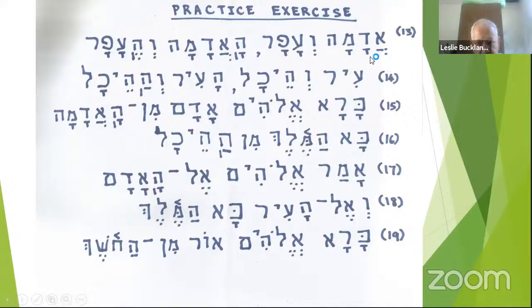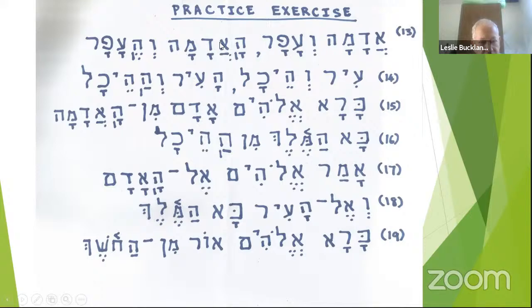Adama is ground. We is the conjunction and, afar is dust. And this is without the definite article. Ground and dust. Now with the definite article, you have ha-adama.